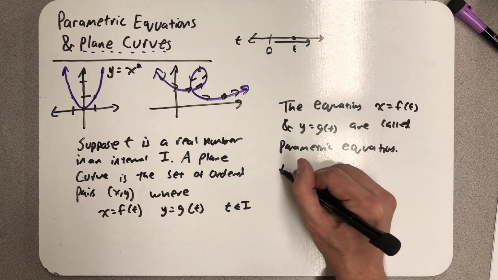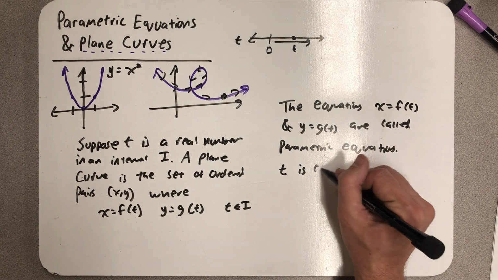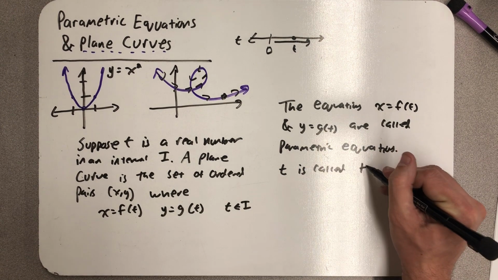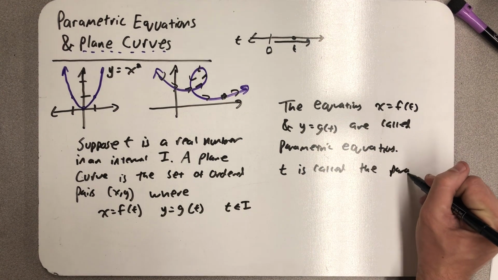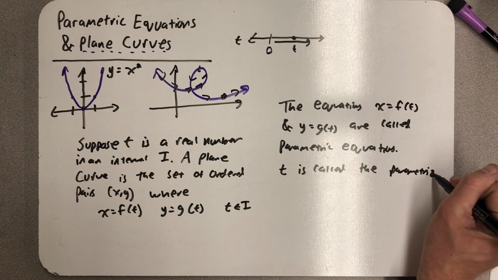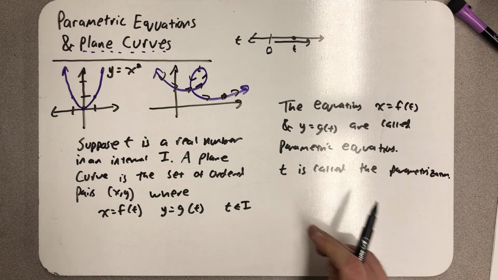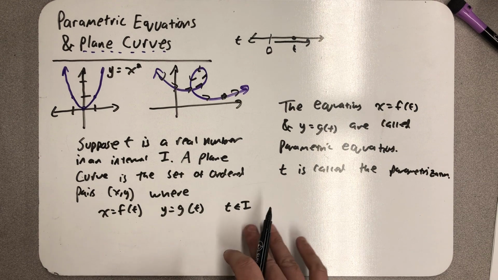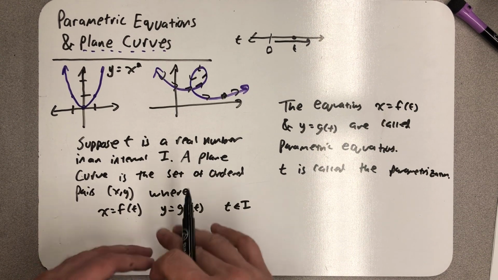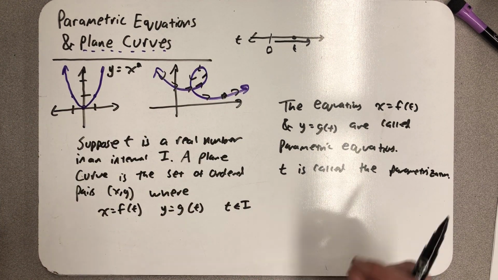T is called the parameter. I like to think about t as time just to get an intuitive understanding, but it can be many, many other things. The main idea here is that I pick a t, plug it into these functions, and I get a point on that plane curve.